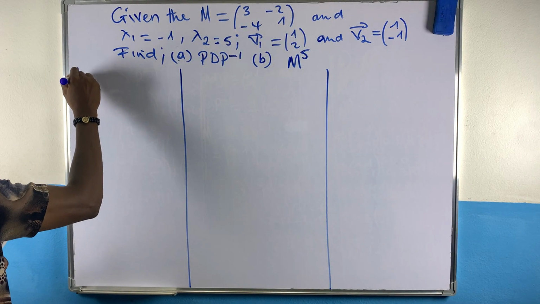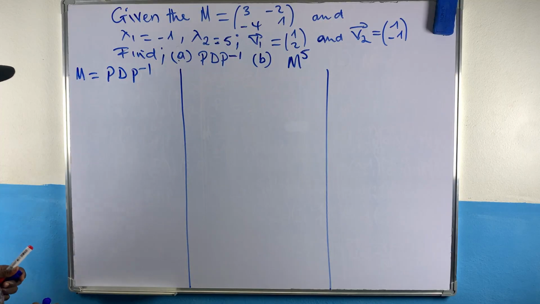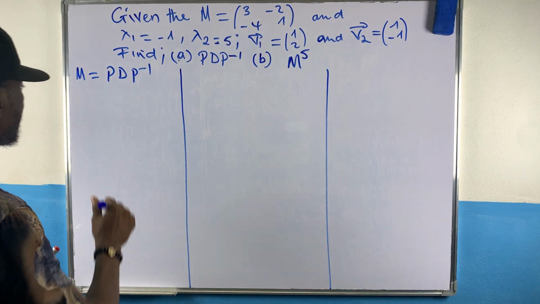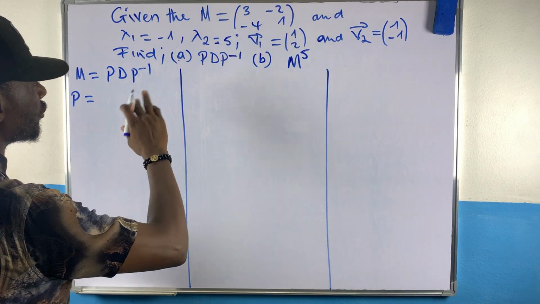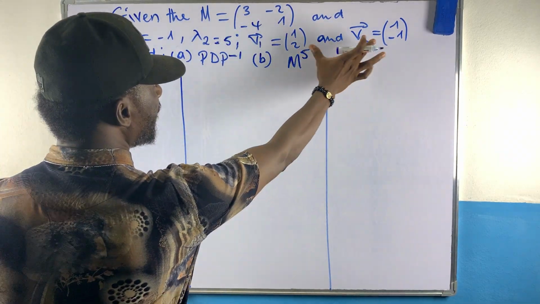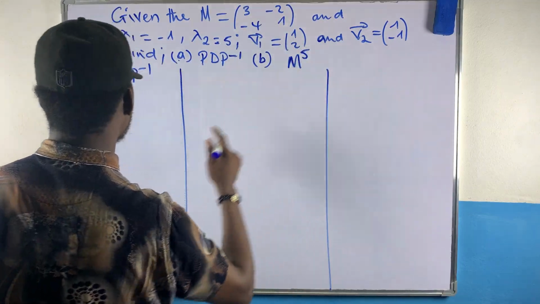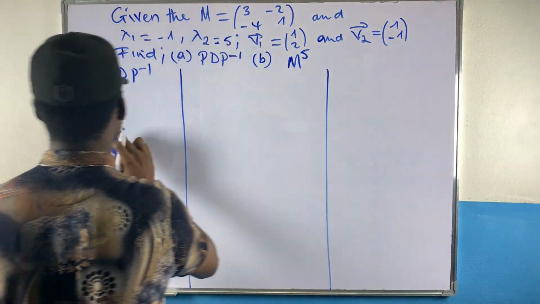So we know that the matrix M is equal to PDP inverse, which means we are going to find P. How do we obtain P? For P, we place our eigenvectors side by side in 2 by 2 matrix form.